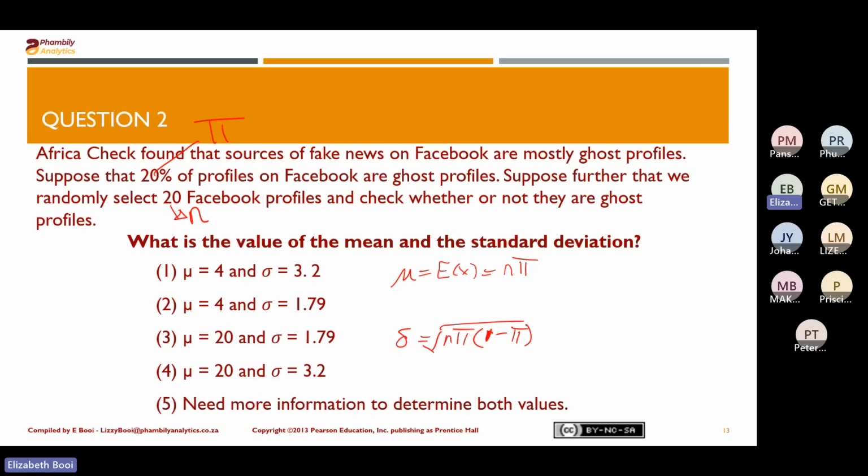Let's substitute the values into the formula and calculate. For this one, our n, we said, is 20. Our pi, 20 divided by 100, is 0.20. So what is the mean?